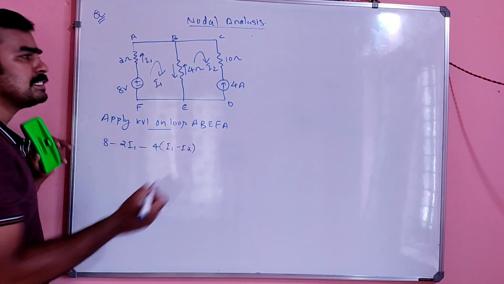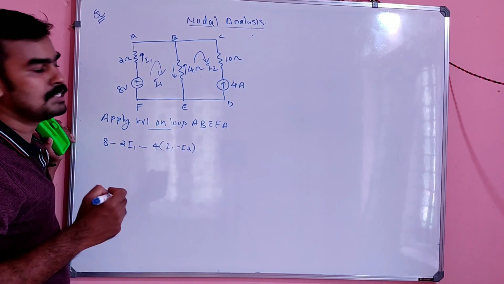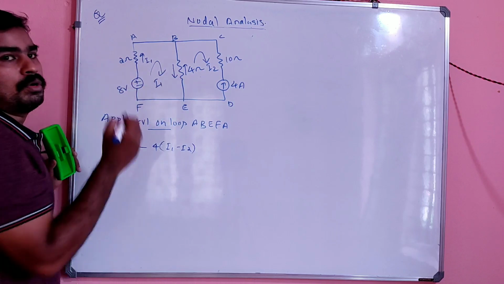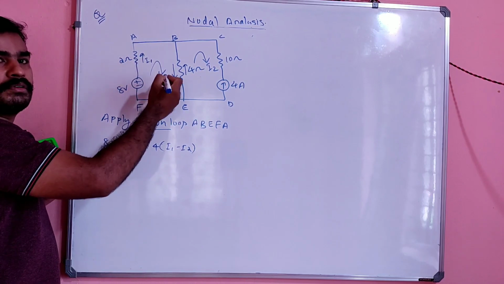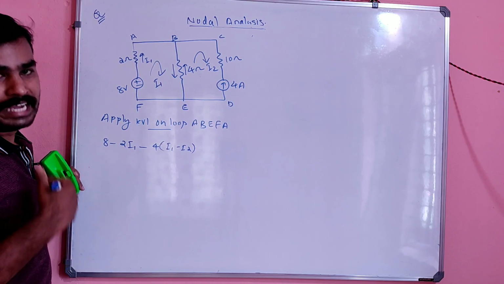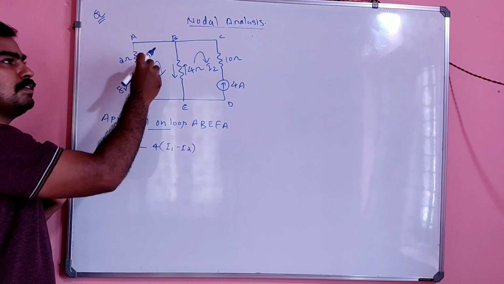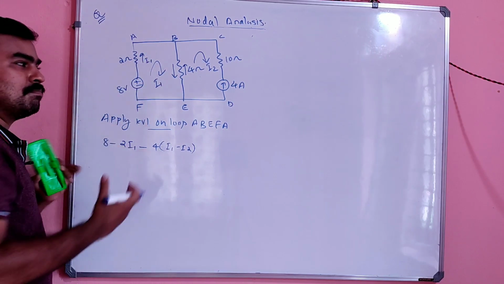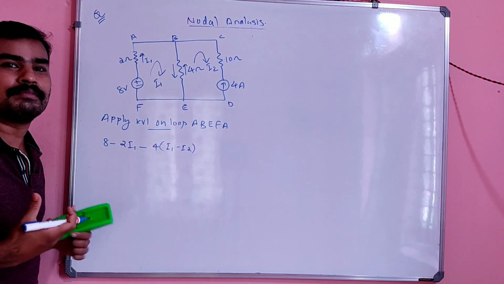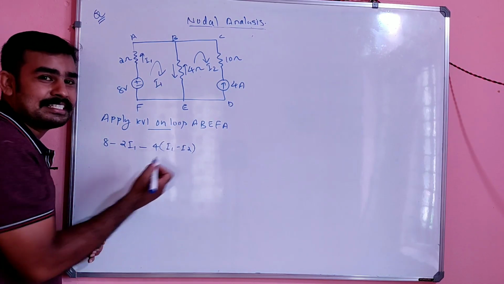Why I1 minus I2 and not I2 minus I1? I am focusing on loop 1, so I give priority to my current I1. I assume the current I1 is larger than I2 because I am focusing on the first loop, so that current has more priority than the other current. That is why I took I1 minus I2.